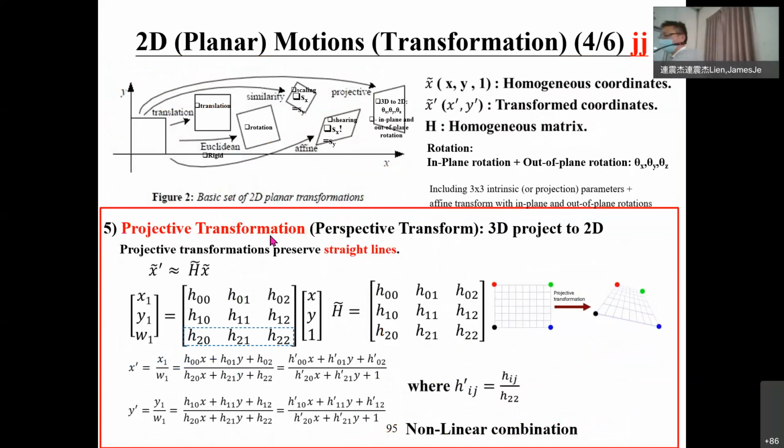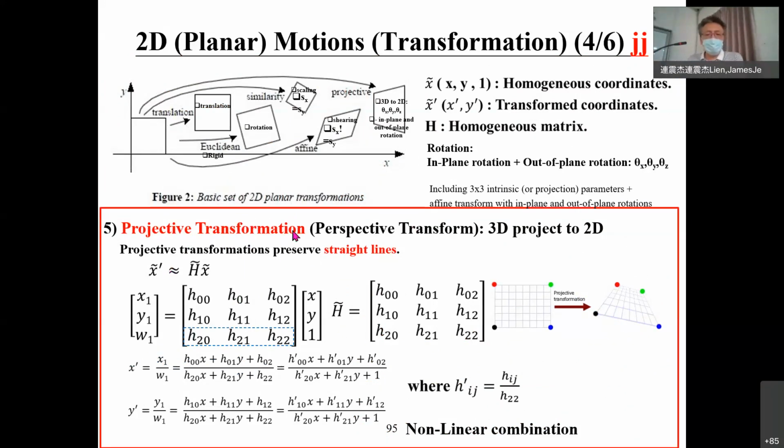Okay, the second one is what's the perspective transform? So this is affine transform. We call the in-plane rotation affine. Okay. What's perspective projection is out of plane rotation, like this one, or this way. So it's deformed.